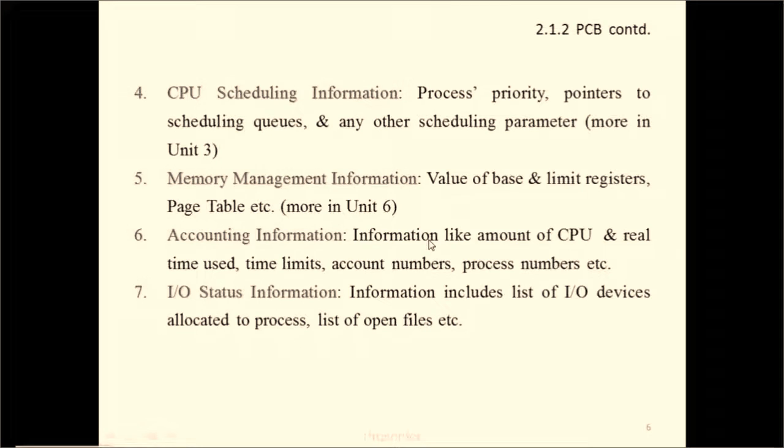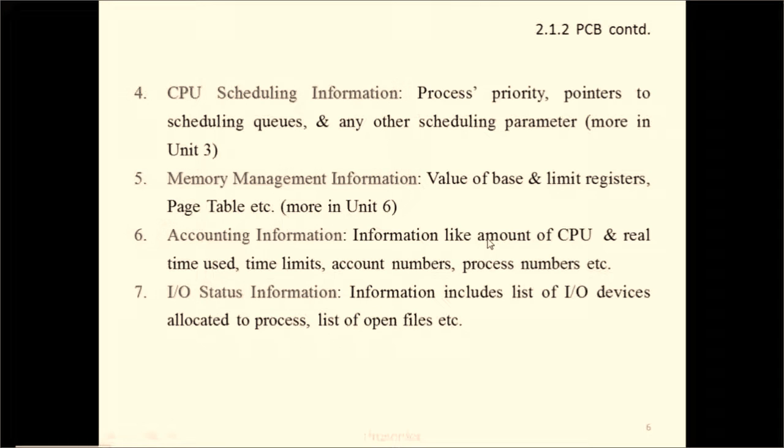Accounting information. So information like the amount of CPU time that has been used, the real time it has used, time limits, account numbers, process numbers, etc. This is very similar to our service provider records about calls made by our cell.